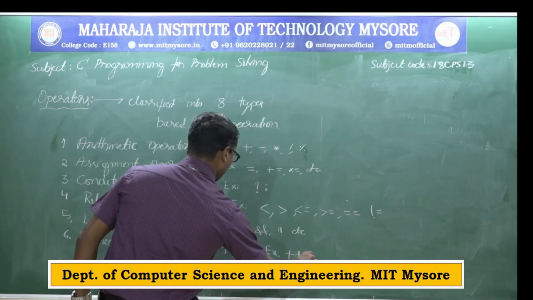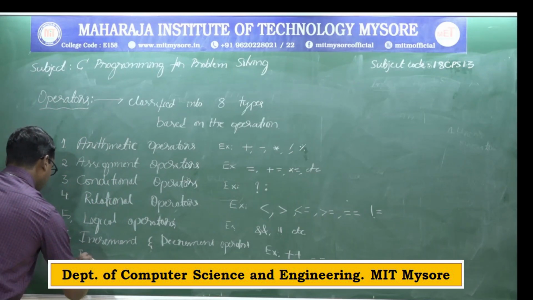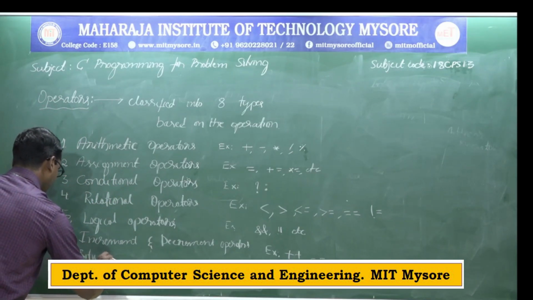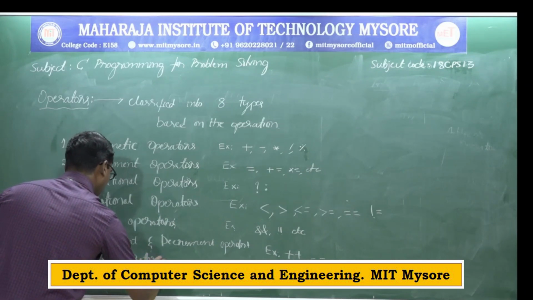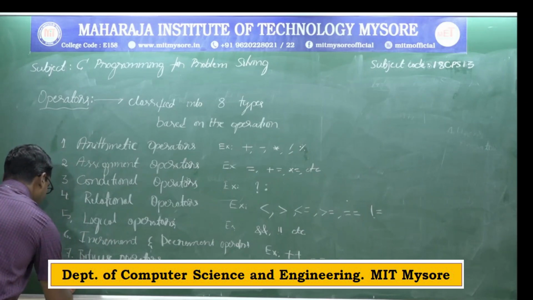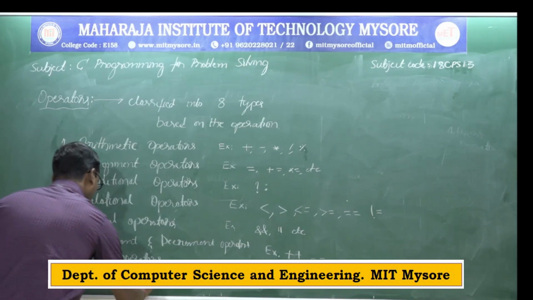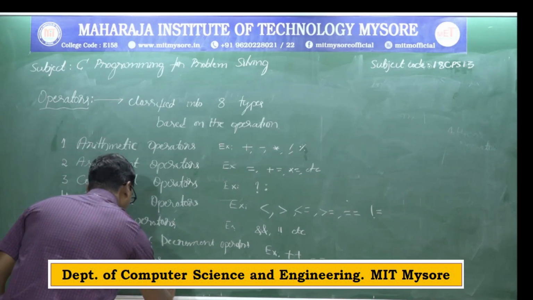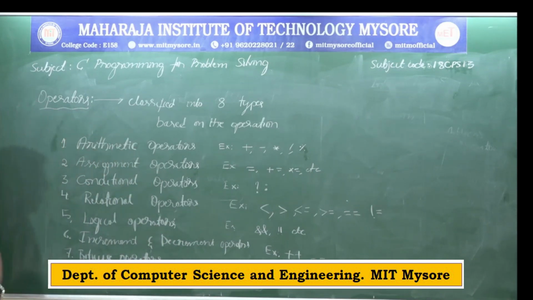Example, plus plus, minus minus. Seventh one, bitwise operators. The last one, eighth one, is special operators. So, operators are the symbols used for performing a particular or specific task.